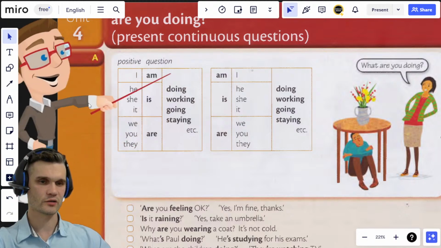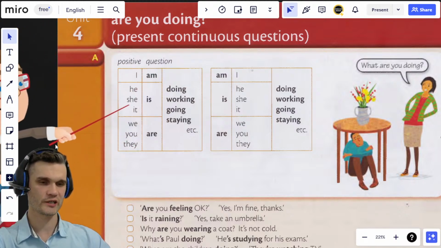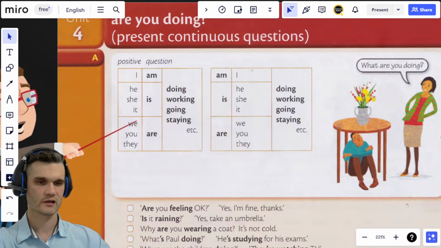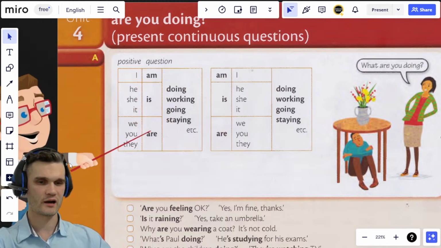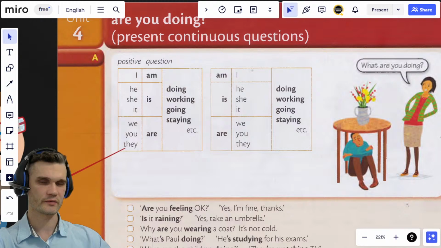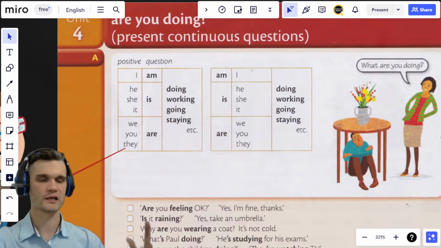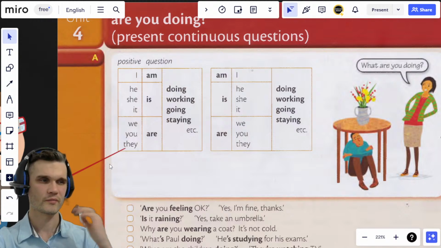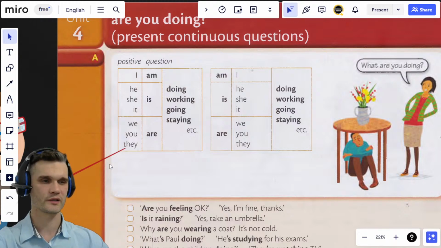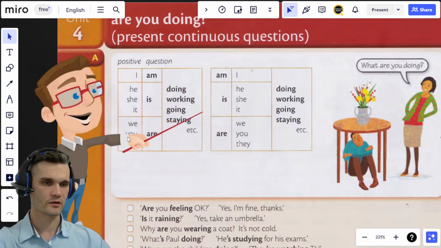So if it's I, it's always am. If it's he, she, it, it's always is. If it's everything else, it's are. And mostly it's about plural. Well, not all the time, because you refers to many people and to one person. Okay, so next one.